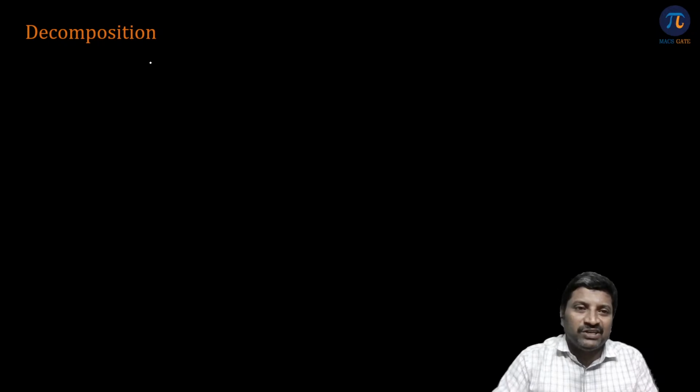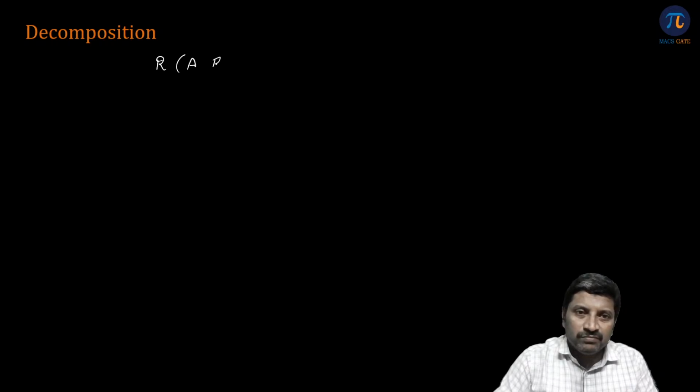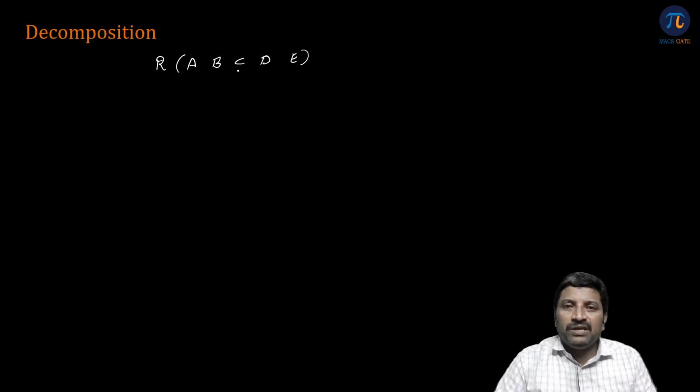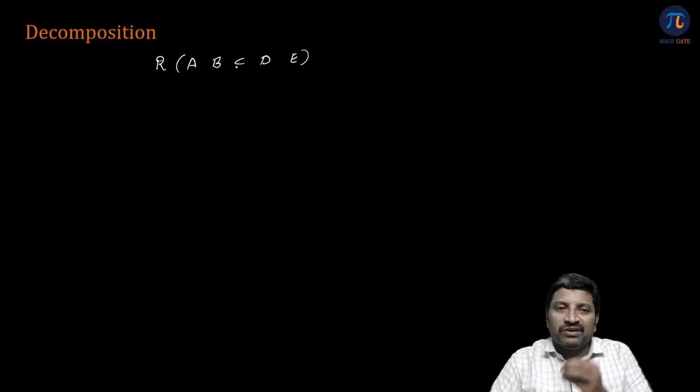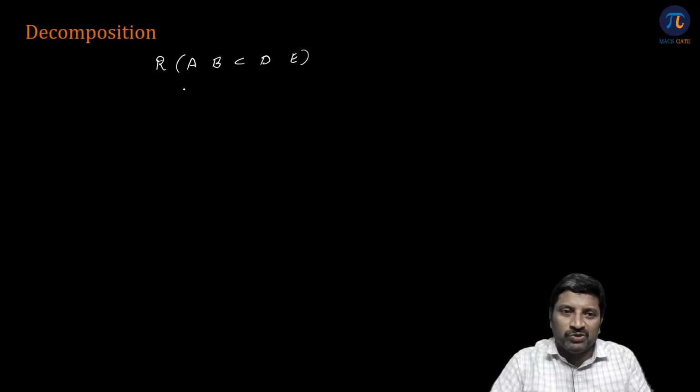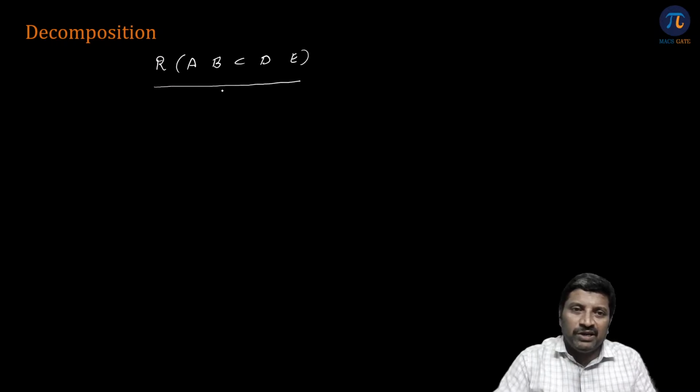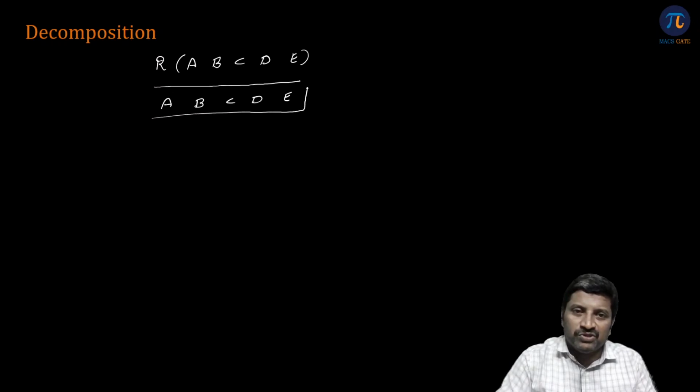Decomposition. What is a decomposition? Suppose I have a relation with five attributes. Then, depending on the requirement, sometimes we need to divide this relation into two tables. Actually, this is a relation or a table in which we have five columns.